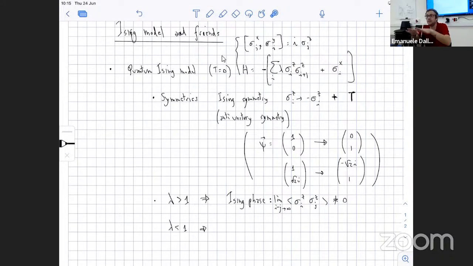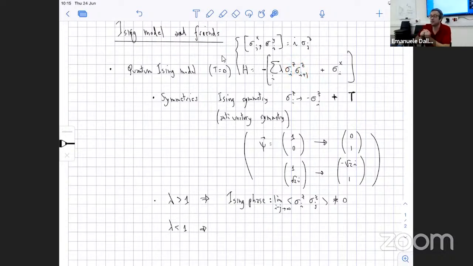So the fact that the spin is pointing in the x direction doesn't mean that it's a spontaneous symmetry breaking, because there was no symmetry to begin with. You are breaking it from the outside. There is an external field that breaks the symmetry. When you speak about spontaneous symmetry breaking, it's something that the system itself is doing on its own. Like in the Ising case, in the beginning the system was symmetric, but then the system breaks that symmetry.